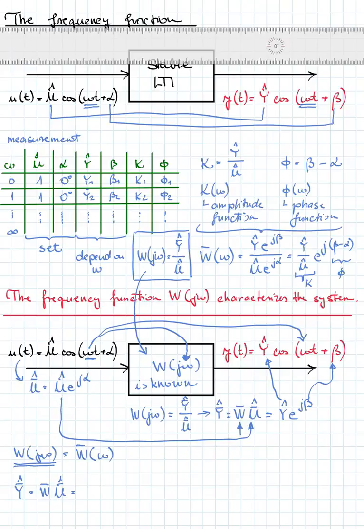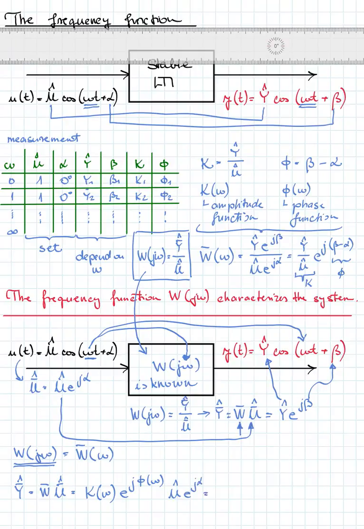It means the following. From the definition of W bar, we can say that it is equal to k, which is a function of omega, e to the power of j phi of omega. It is multiplied by u hat and e to the power of j alpha.